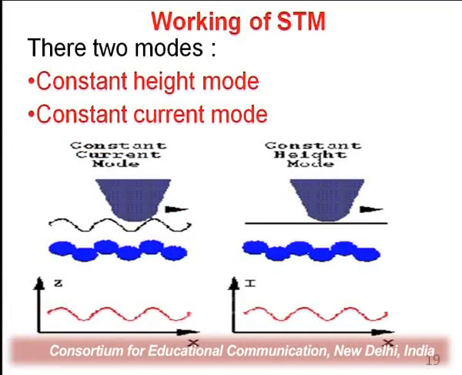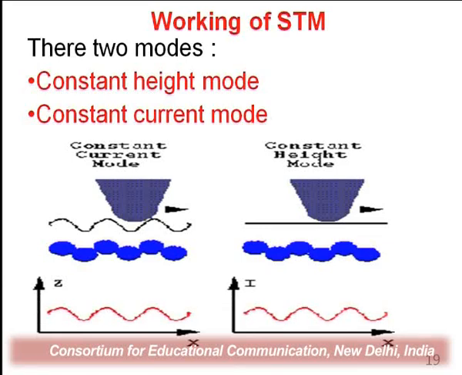Here we see on the screen it works in 2 modes. The scanning tunneling microscope works in 2 modes. Number 1 is the constant height mode. Second is the constant current mode. In the constant height mode, on the right hand side, you see that the surface is moving slightly in a smooth manner.